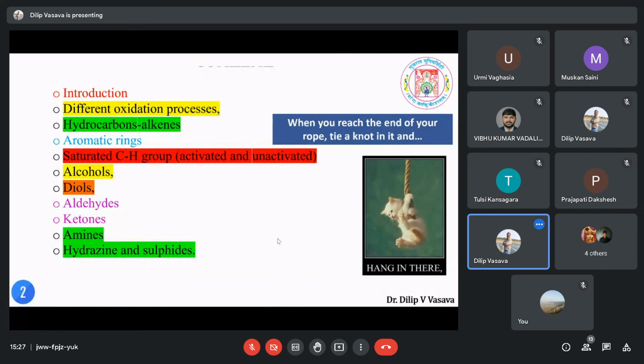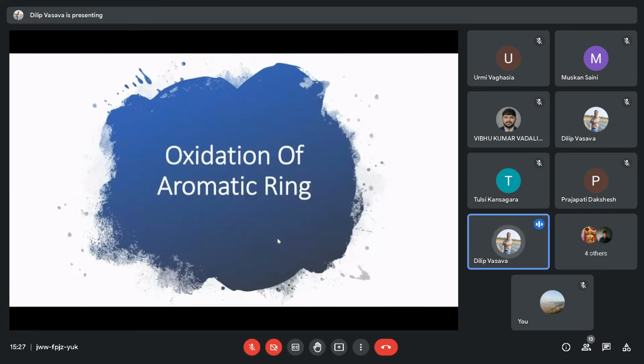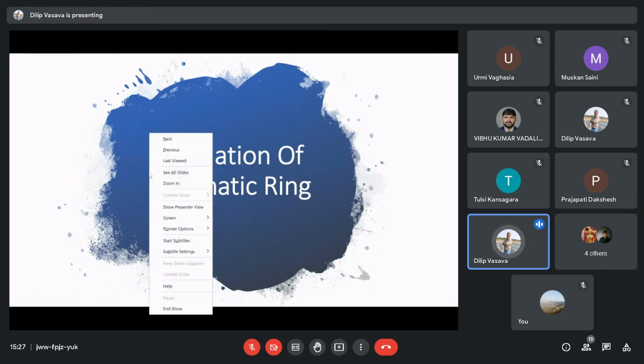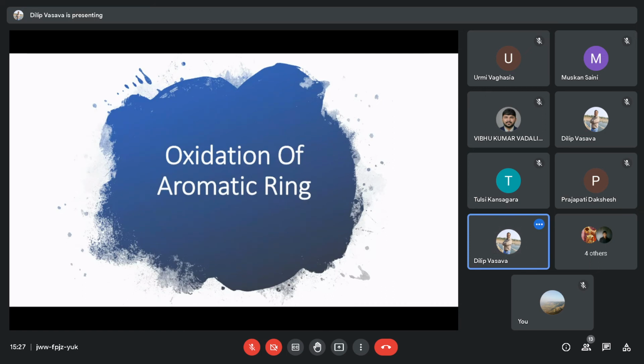Okay. So now we are going to discuss the oxidation of the aromatic ring. Normally oxidation of an aromatic ring requires harsh conditions because the cleavage of the ring requires more energy.